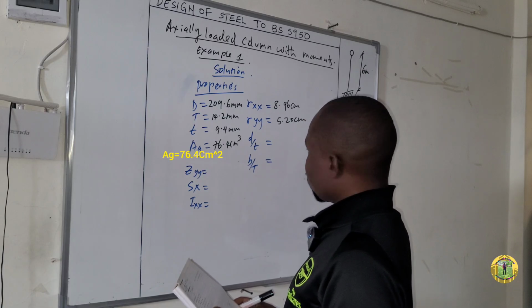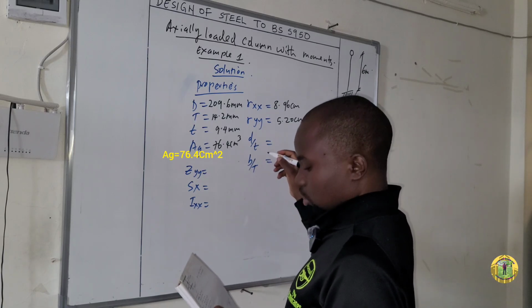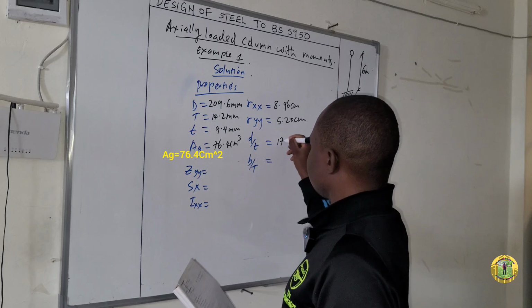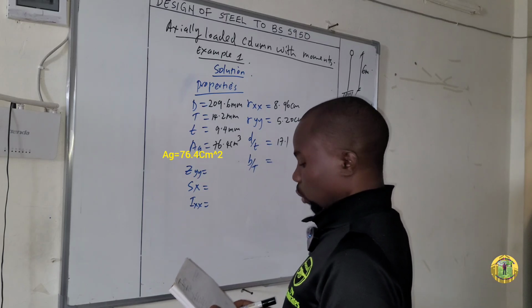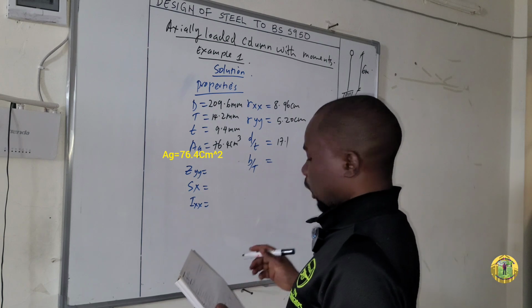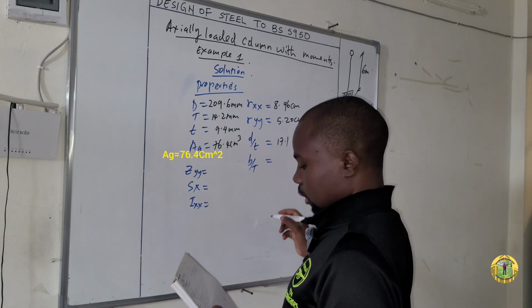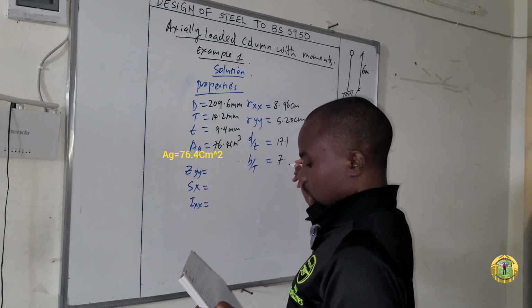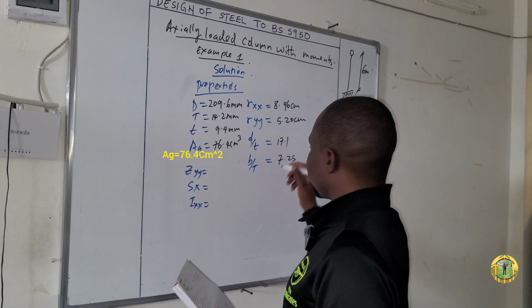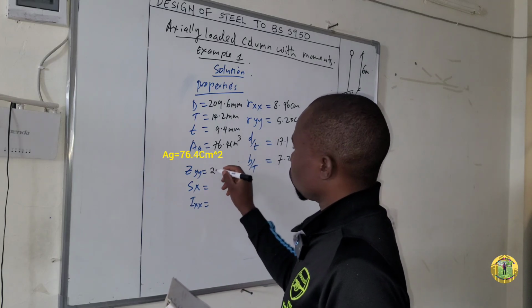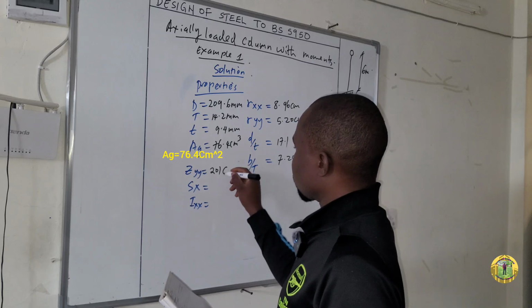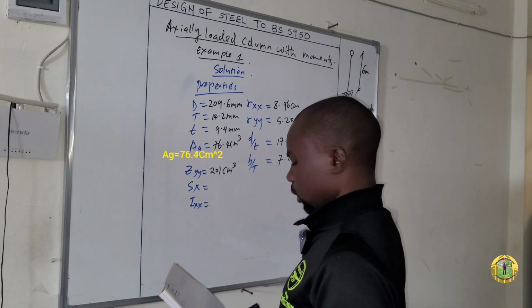And then you have D over small t, this is 17.1. We have B over capital T, this is 7.25. We have ZYY, this is 201 centimeter cubed.